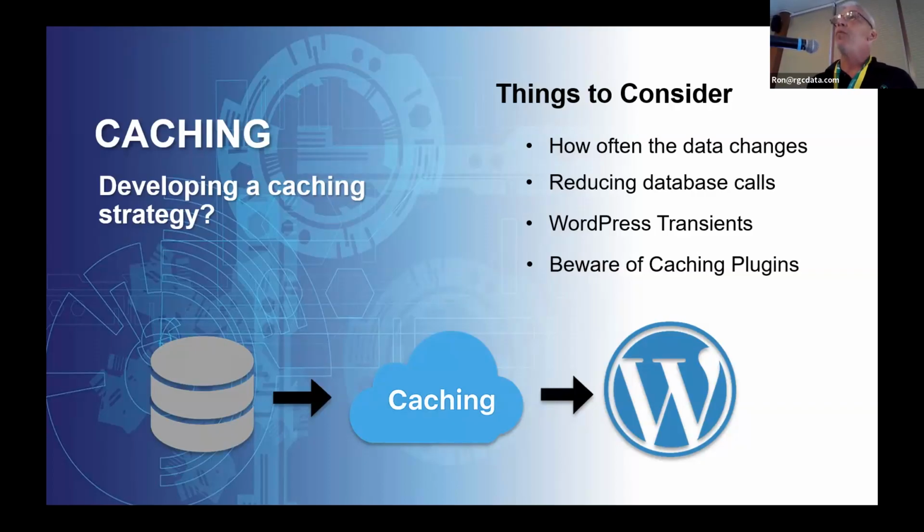When you do that, then if we're not caching the page, that means every time we refresh the page, we're actually hitting the database. Well, there are techniques for taking that returned data and storing it in what's called a transient. Think of a transient as a field in our database that has a time limit.